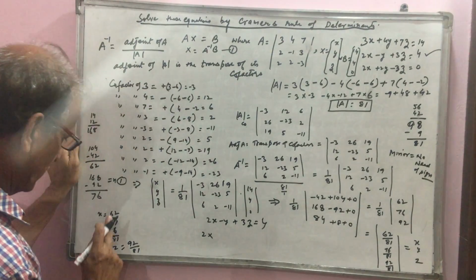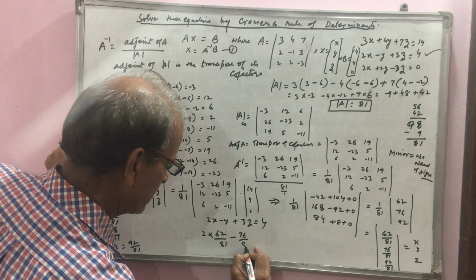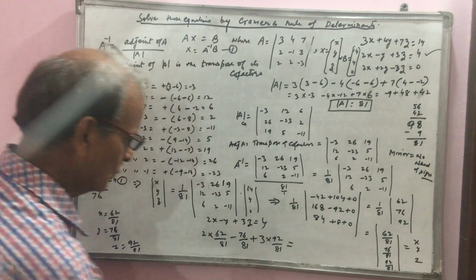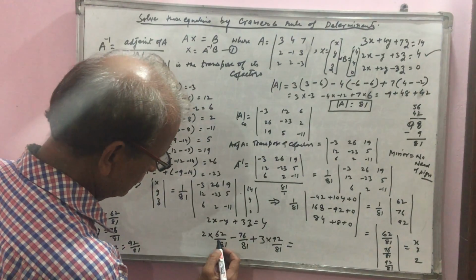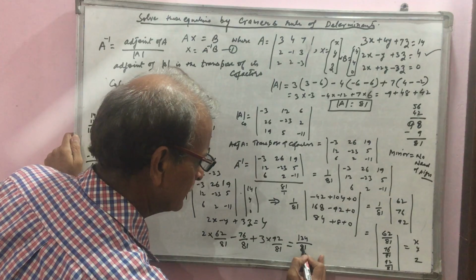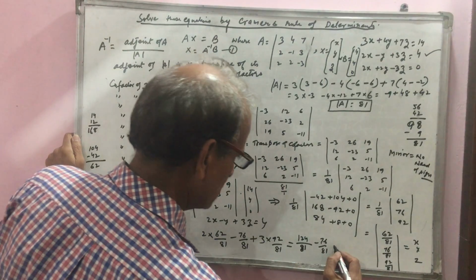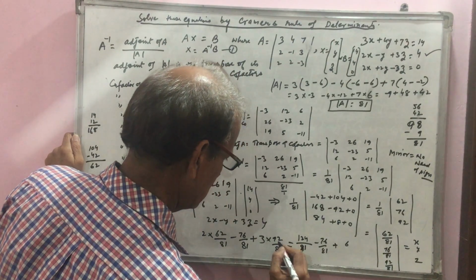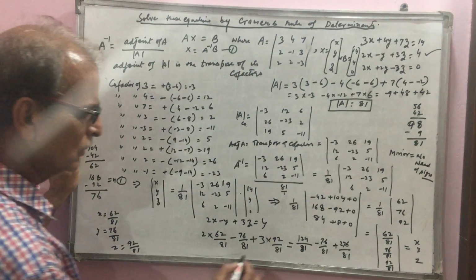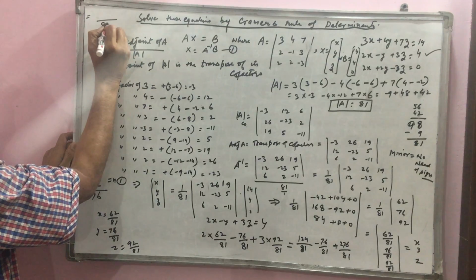So 2 into x is 62 by 81, minus y is 76 by 81, plus 3 into z: 3 nines are 27, by 81. So 124 by 81 minus 76 by 81 plus 276 by 81. 81 is the LCM.